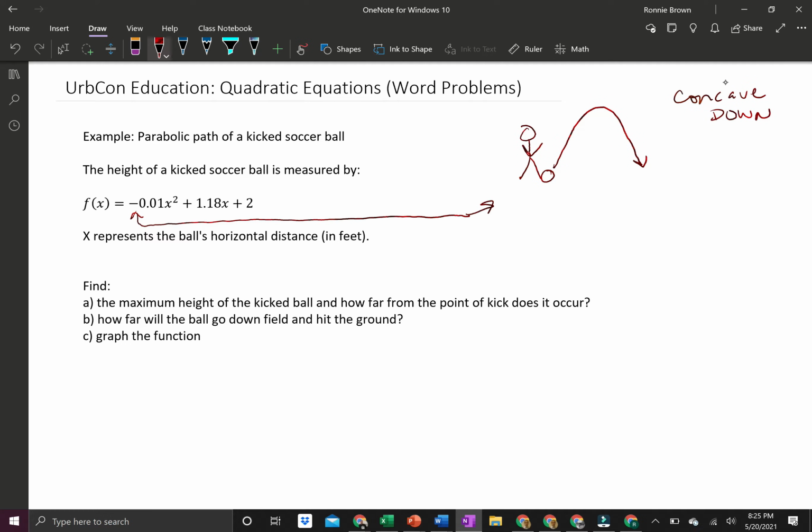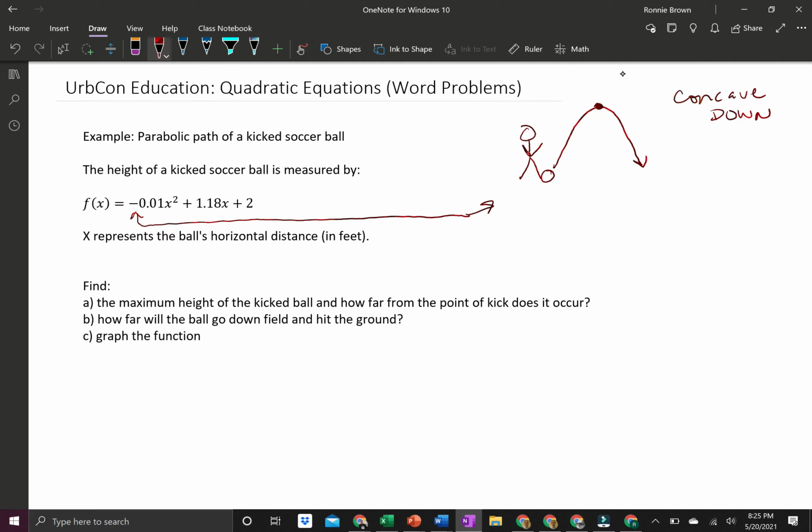Now, if we were modeling something else and that value in front of the square term were positive, then we would flip the parabola the other way and it would be concave up like a cereal bowl. So we see it's negative, as it should be, so we know the person will kick the ball and it will go up and then come back down.